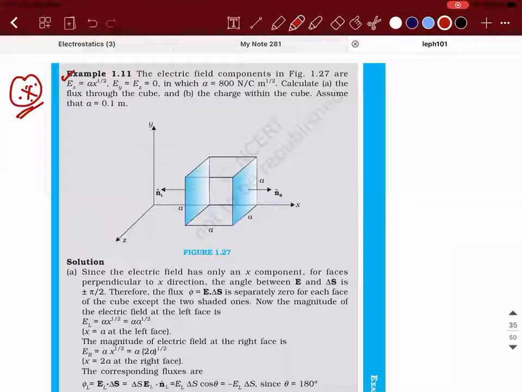One data that is missing in your textbook is this distance is a. That is the only thing that is missing. Remaining things you guys calculate. Those who are online, am I clear? Any doubts?